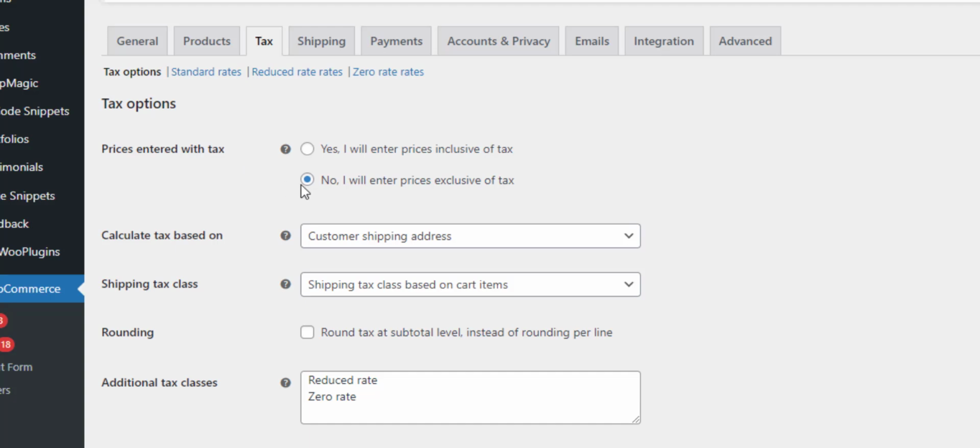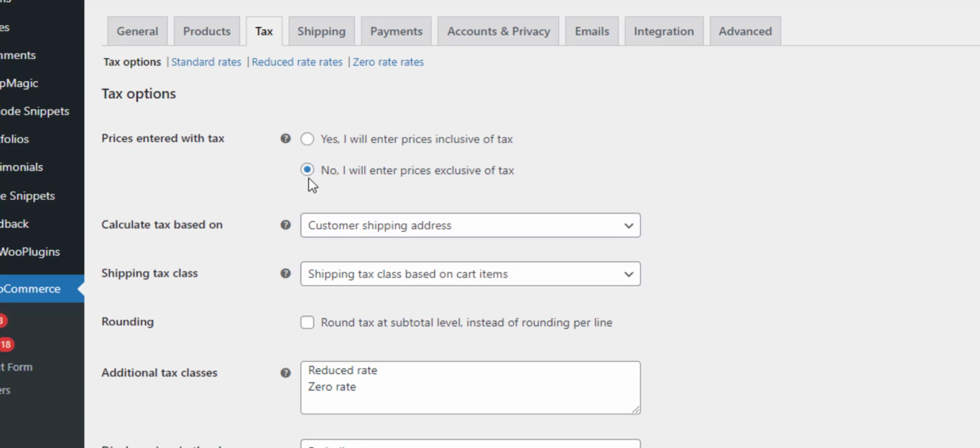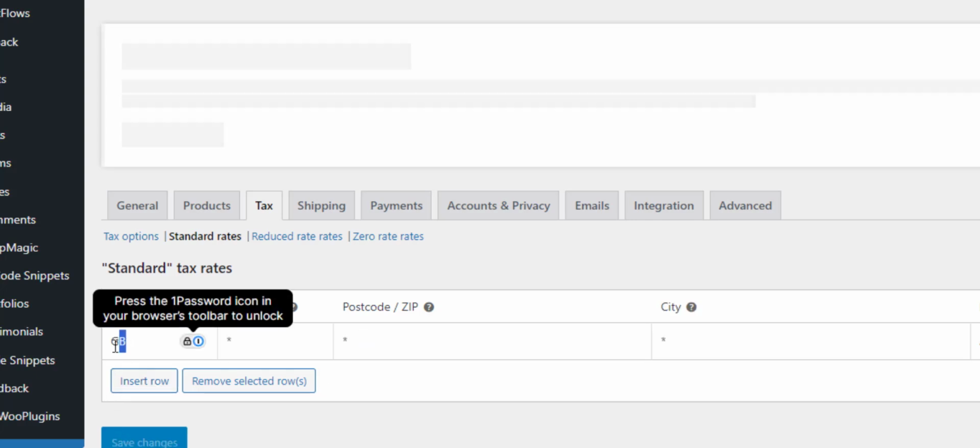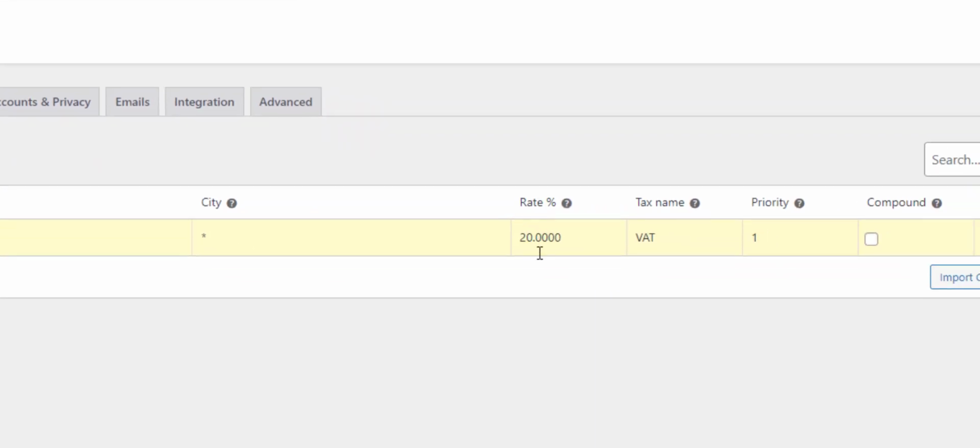I'm going to enter my product prices exclusive of tax and then have the checkout calculate those taxes. So I've got standard rate, reduced rate and zero rate. Let's look at the standard rate first of all. So anyone from GB, Great Britain, will pay 20% and that tax name is VAT.